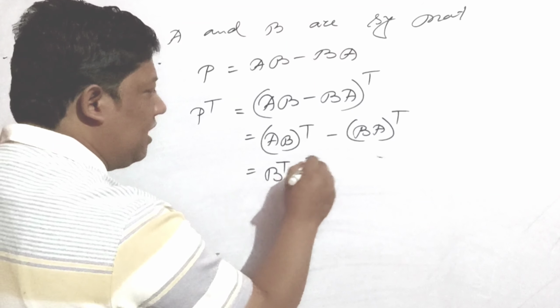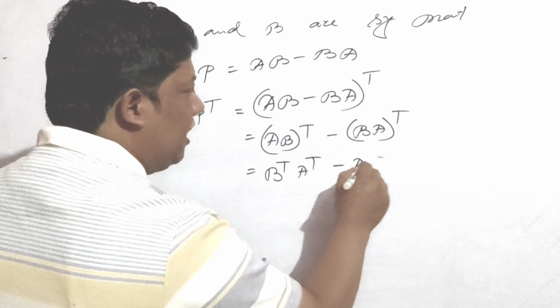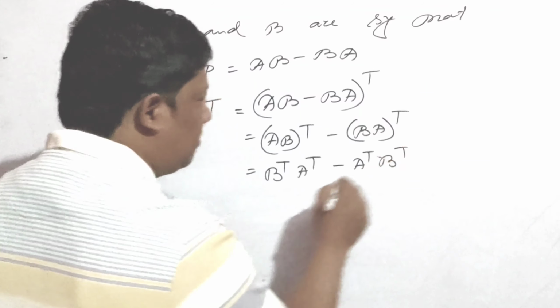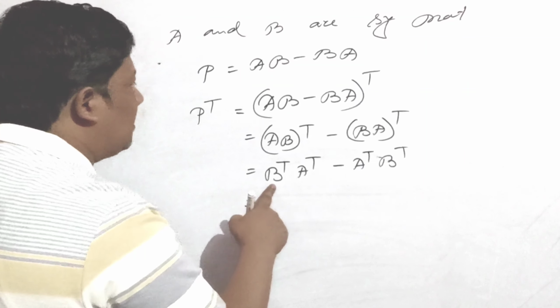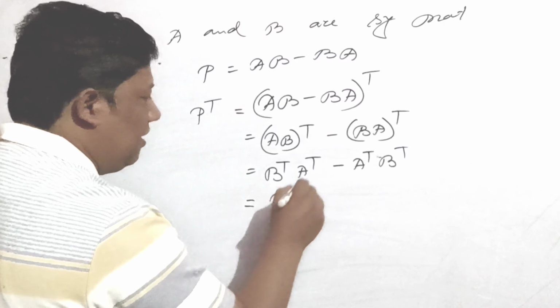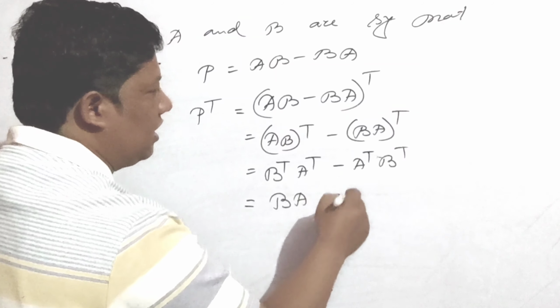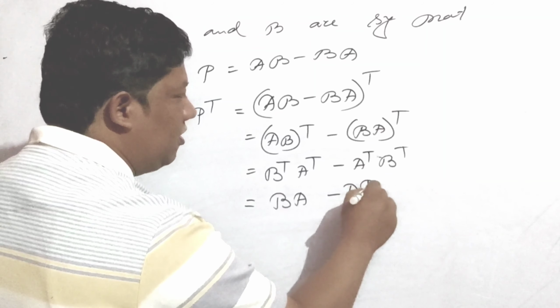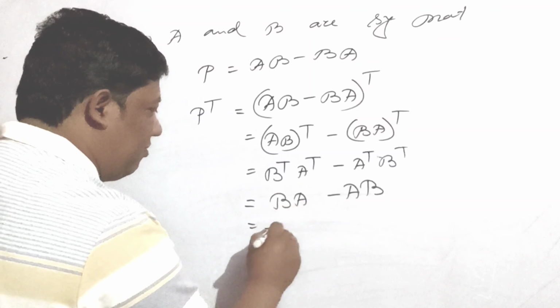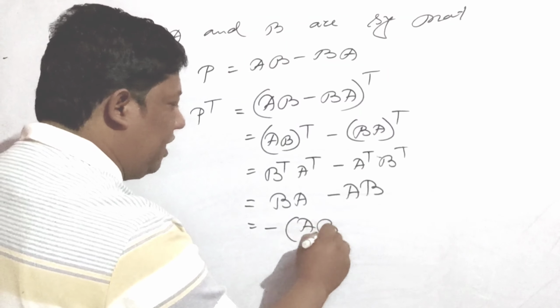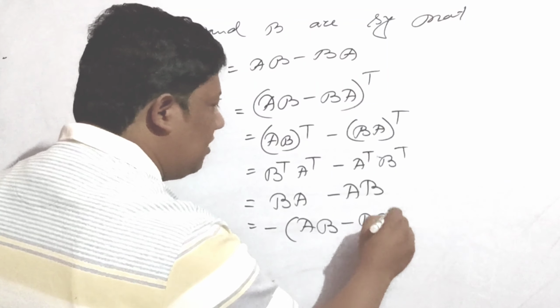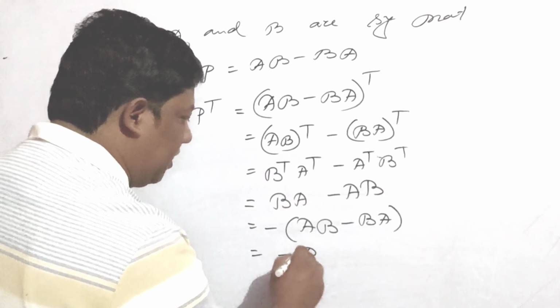B transpose A transpose minus A transpose B transpose, reverse order, and B transpose equals B, A transpose equals A. If I take minus common, then AB minus BA, and I will get how much? B.